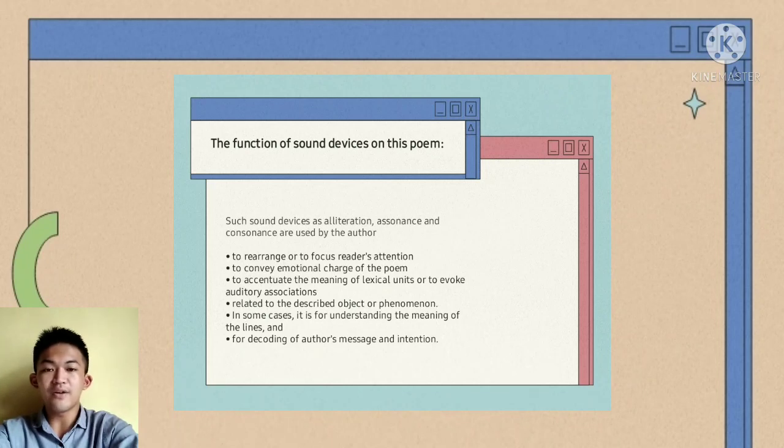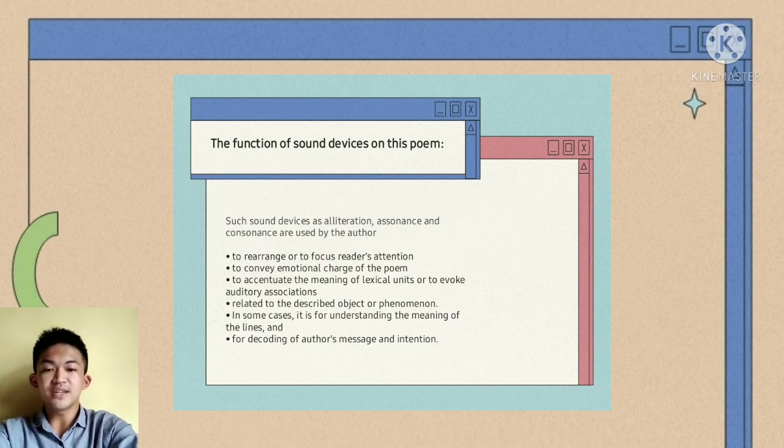In this poem, A Lover's Complaint by William Shakespeare, such sound devices as alliteration, assonance, and consonance are used by the author. The function is to rearrange or to focus readers' attention, to convey the emotional charge of the poem, to accentuate the meaning of lexical units, or to evoke auditory associations related to the described object or phenomenon.